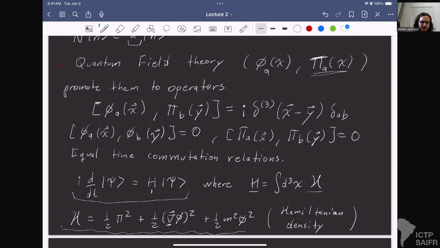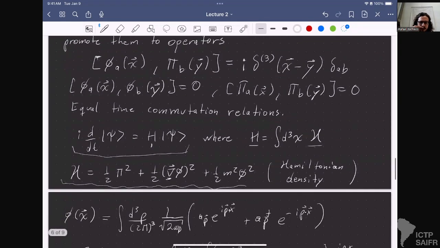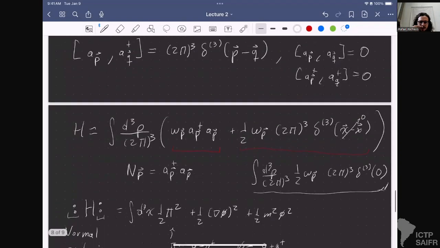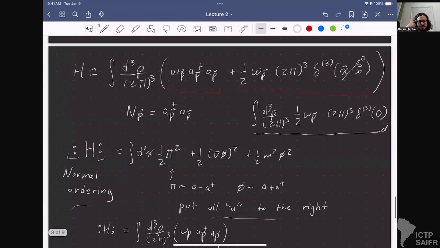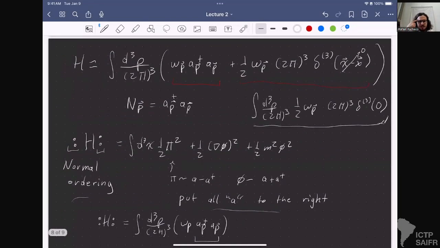The infinite value when you are calculating the Hamiltonian. I read about that sometime, that it is related with ultraviolet divergences and the vacuum expected value, the expected value of the vacuum.